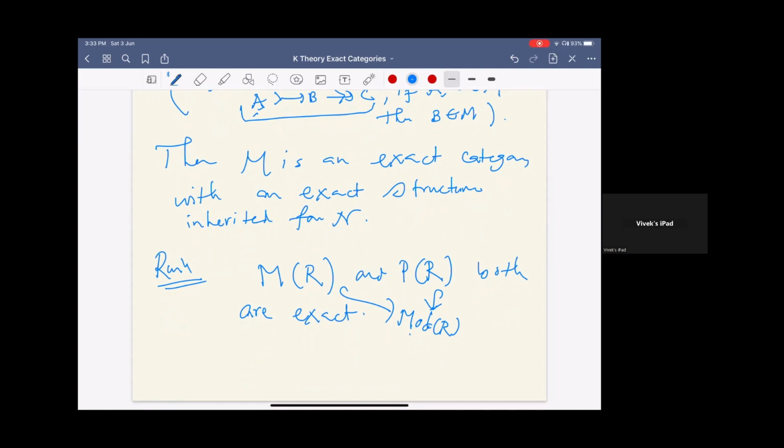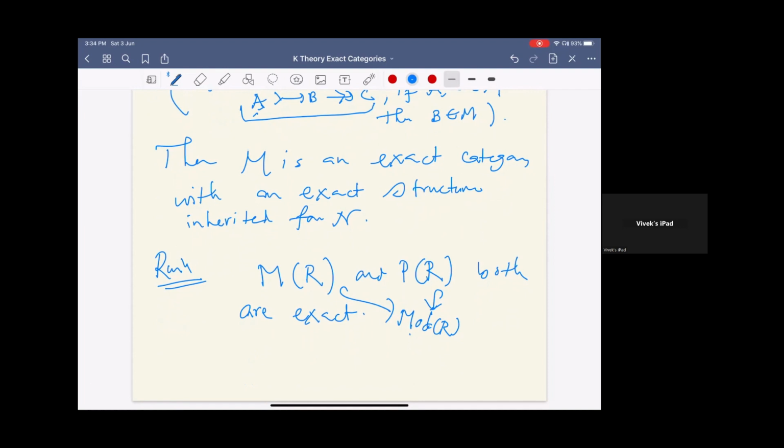Okay. So with this lemma, mod R and proj R are both exact categories. But remember that mod R need not be an abelian category, and proj R need not be an abelian category. mod R is only an abelian category if R is Noetherian. But here at least they are exact categories. Is that okay?